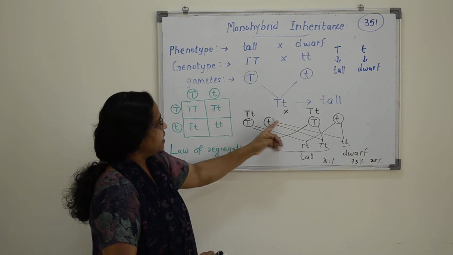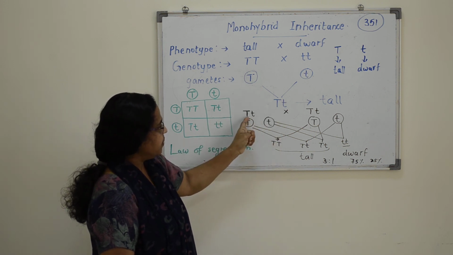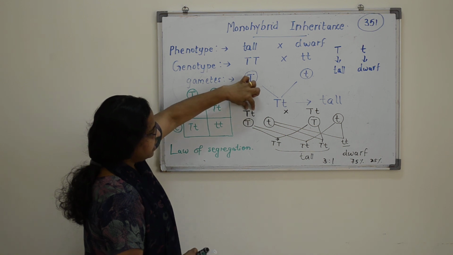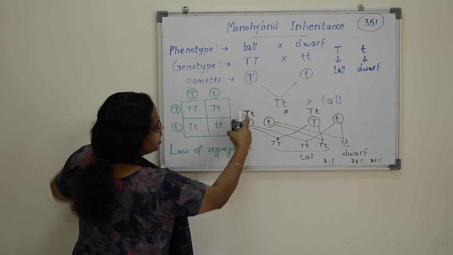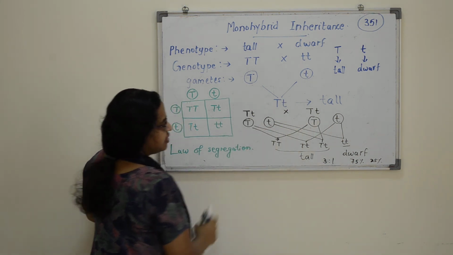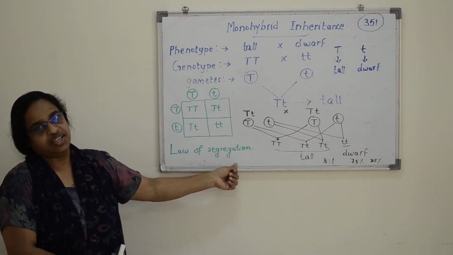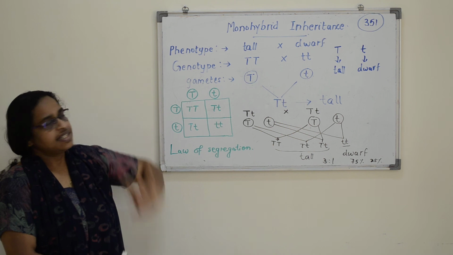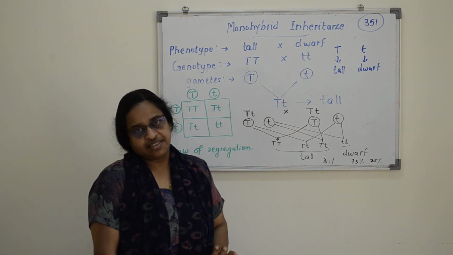See here the alleles. Here also you can see both alleles. Yes, see, 2 alleles are there, and at the time of gamete formation or meiosis, each allele is separated and goes to different gametes. So that is why it's known as the law of segregation. With that, we are finishing monohybrid inheritance.